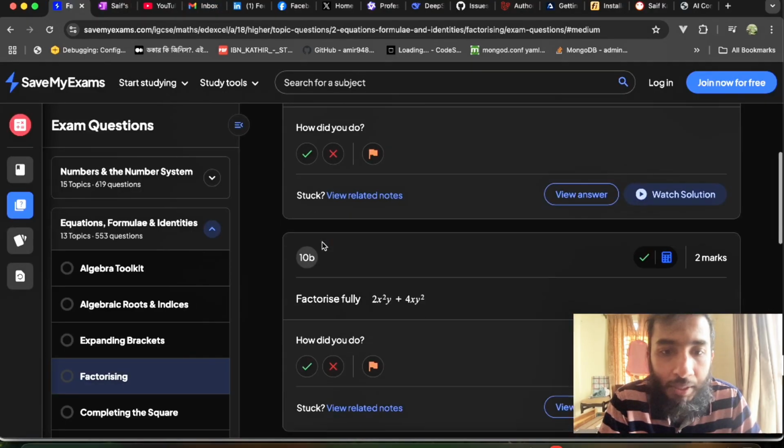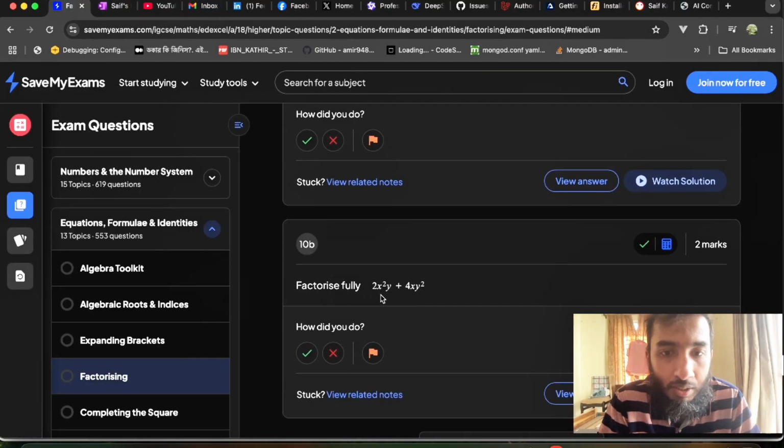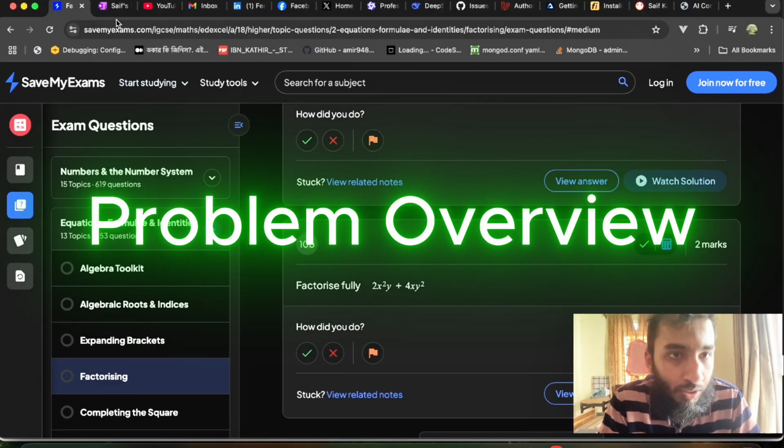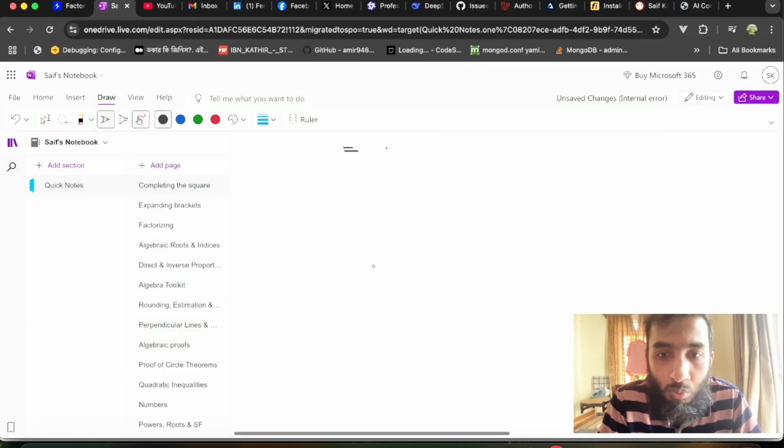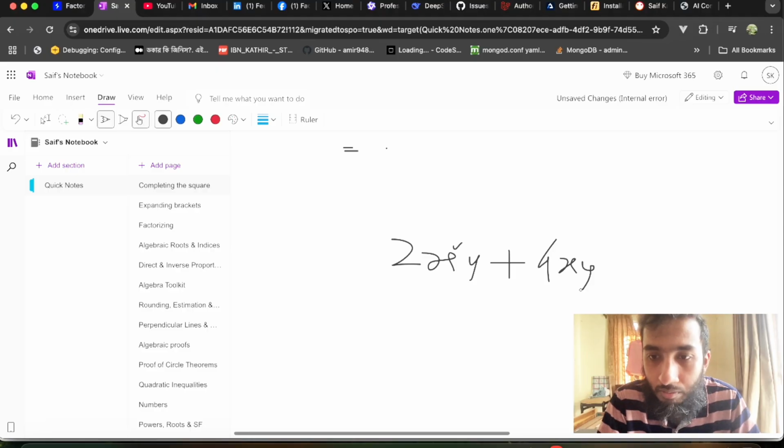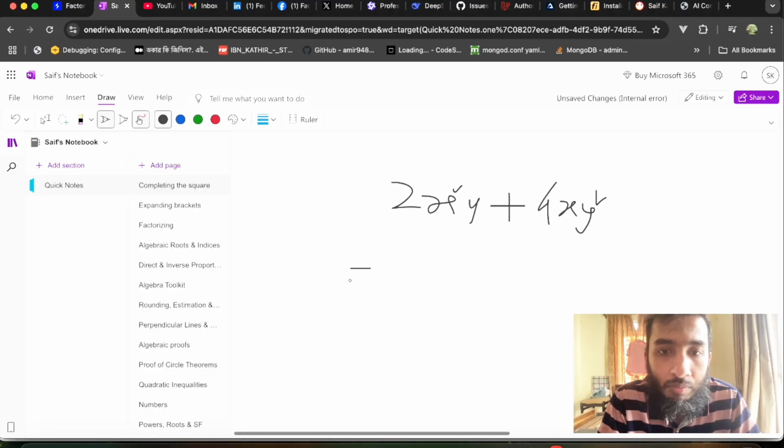Now in the second part, 10b, it says that you have to fully factorize this expression 2x square y plus 4xy square. So the expression is 2x square y plus 4xy square. Okay, so we can take 2xy as common.